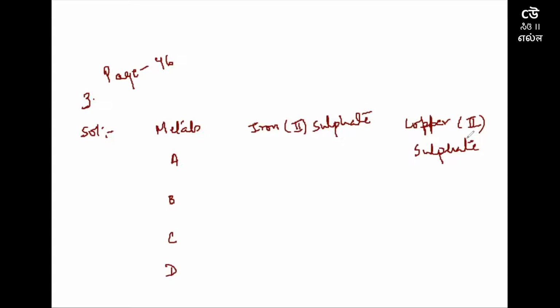So, as per the table, we know that when metal A combines with iron 2 sulfate, there will be no reaction. But with copper 2 sulfate, there will be a displacement reaction.